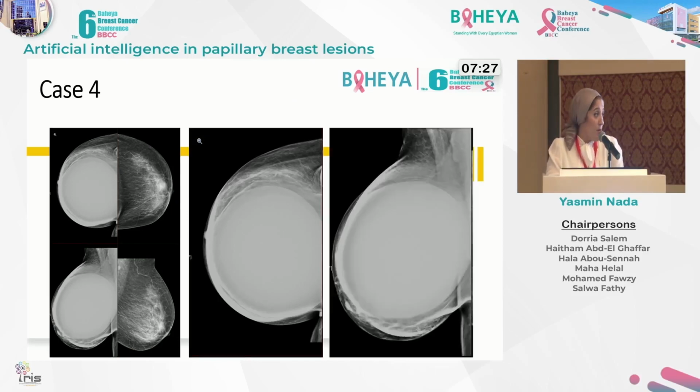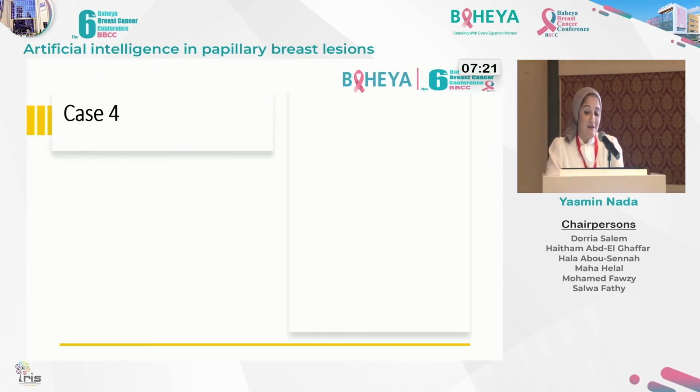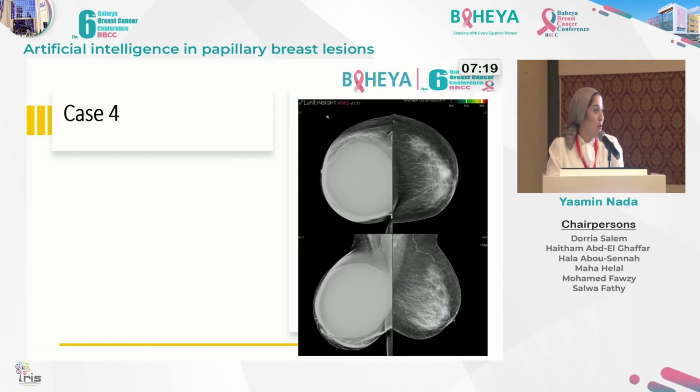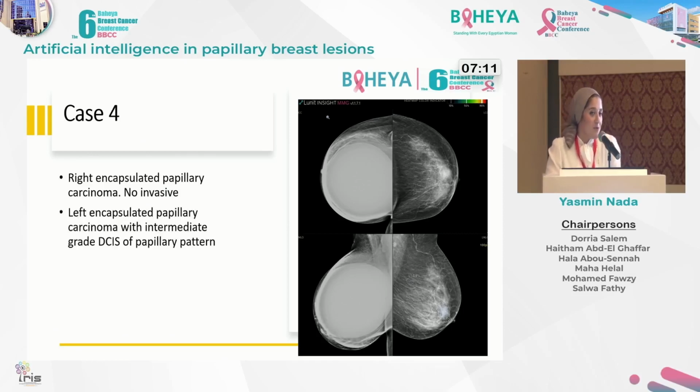And let's see, I think it is suspicious or benign. Suspicious, right? Let's see the AI. Uh-oh, no mark on the AI. So let's see the pathology. It's right encapsulated papillary carcinoma with no invasion, and the left encapsulated papillary carcinoma with intermediate grade DCIS of papillary pattern. I said before that the AI doesn't detect large breast lesions that occupy the whole breast size.